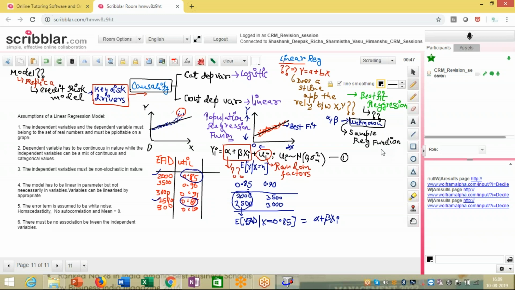So what is this sample regression function all about? The question that comes out over here is how would the sample regression function look? The sample regression function looks something like this.